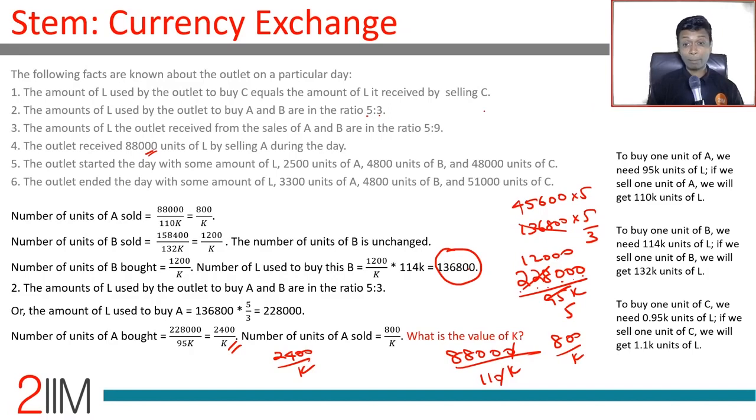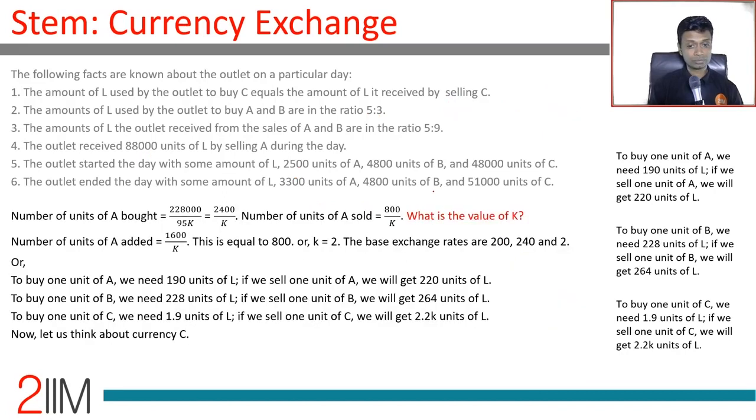Now look at this. We are buying 2400 by K and selling 800 by K. This is coming in, this is going out. 2400 by K minus 800 by K, that is 1600 by K. This is the difference, the net impact in A. Now A increases by 800 units, so 1600 by K is the total addition in A. The total number added is 800, so our brilliant number K is 2.